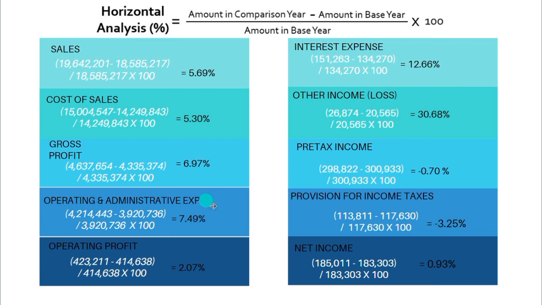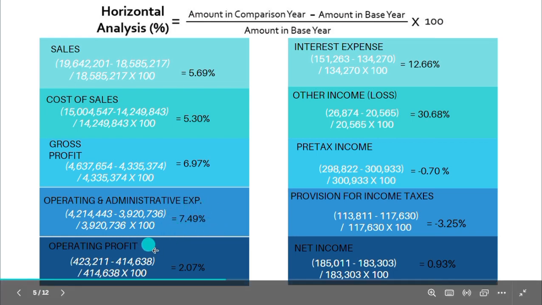6.97%. For operating and administrative expenses, 4,214,443 minus 3,920,736 divided by 3,920,736 times 100 is equal to 7.49%.